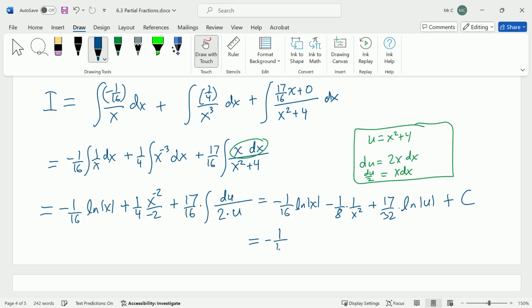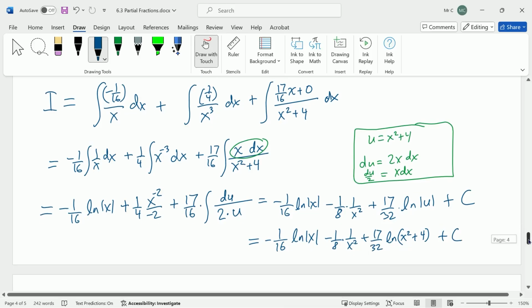And finally, I meant to plug my u back in. That should be x squared plus 4. And actually, because x squared plus 4 is strictly positive, we don't need the absolute value bar anymore. Okay, that's it for that one.